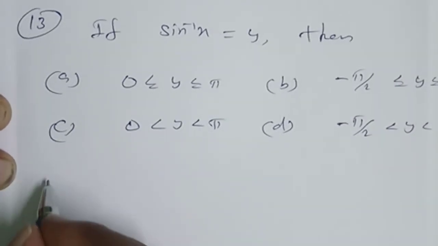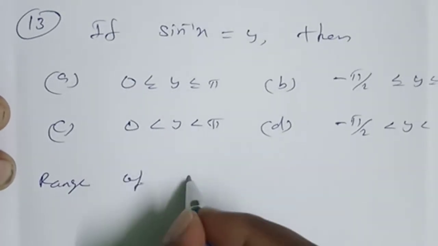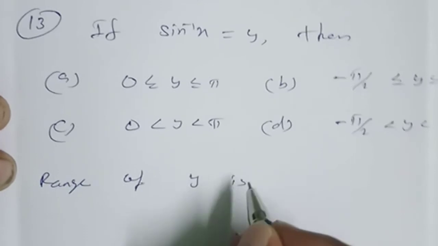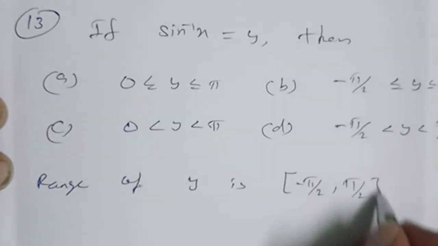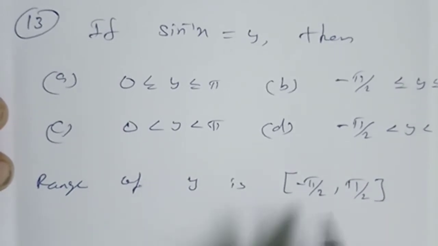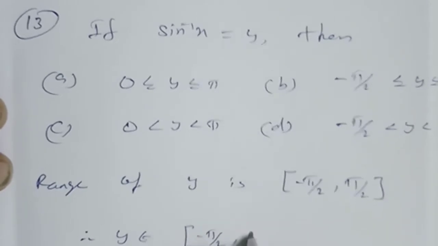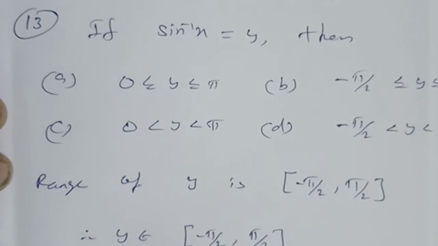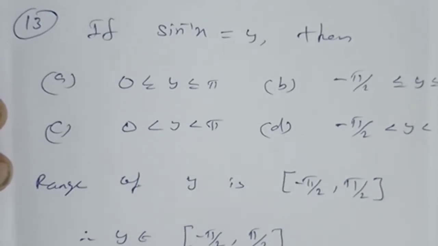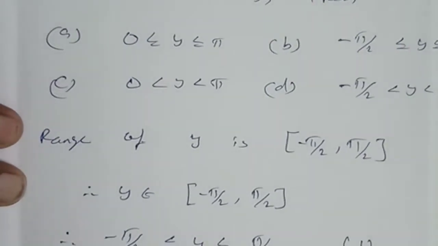The range of sin inverse x, or y, is minus pi by 2 to plus pi by 2. So y belongs to the closed interval [minus pi by 2, plus pi by 2]. Therefore minus pi by 2 less than or equal to y less than or equal to pi by 2. So the correct option is B.